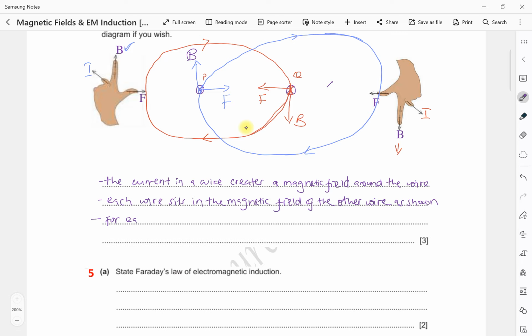For each wire, the current is perpendicular or normal to the magnetic field. So the current is perpendicular to the magnetic field due to the other wire.